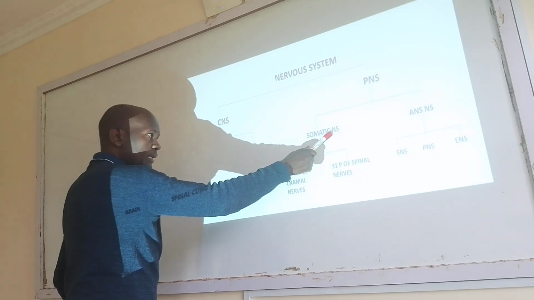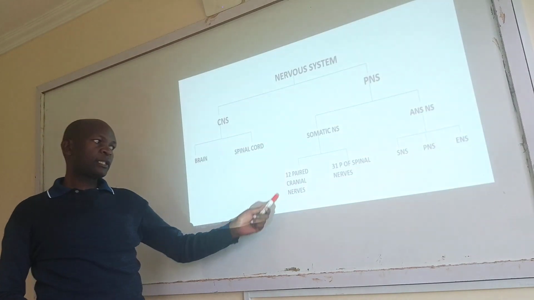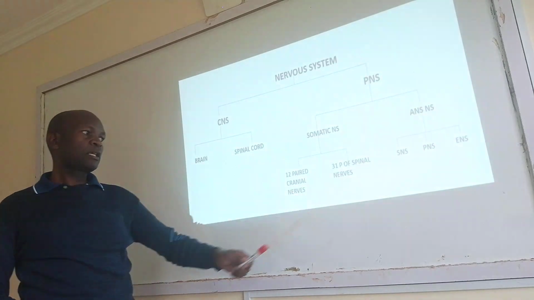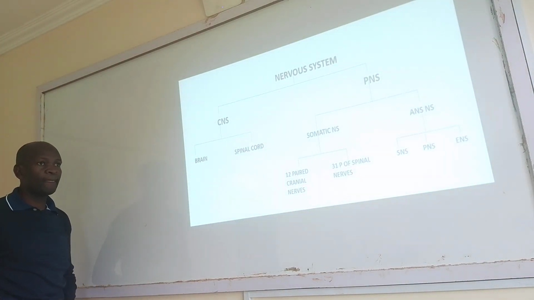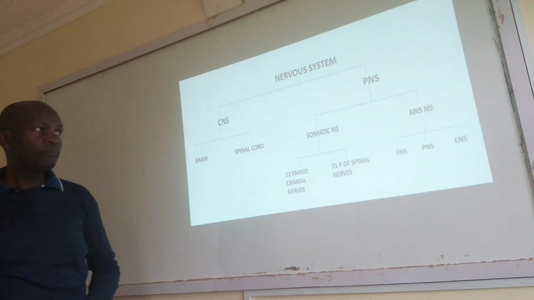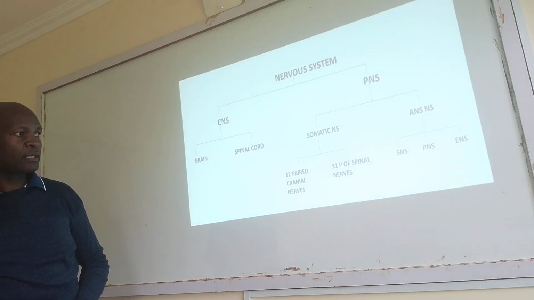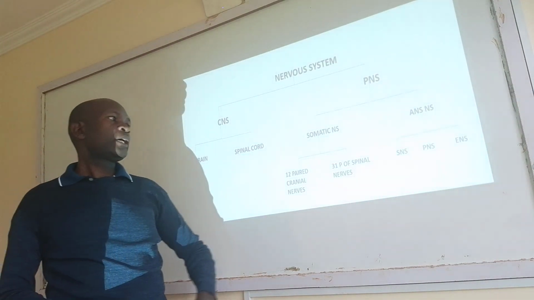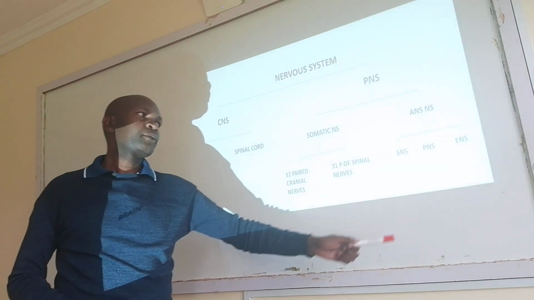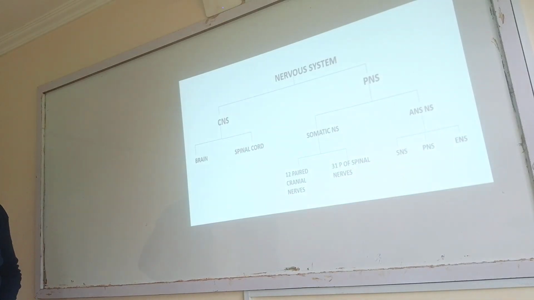The somatic nervous system has 12 pairs of cranial nerves and 31 pairs of spinal nerves. The divisions of the autonomic nervous system include the sympathetic nervous system and the parasympathetic nervous system. Sometimes we also include the enteric nervous system.